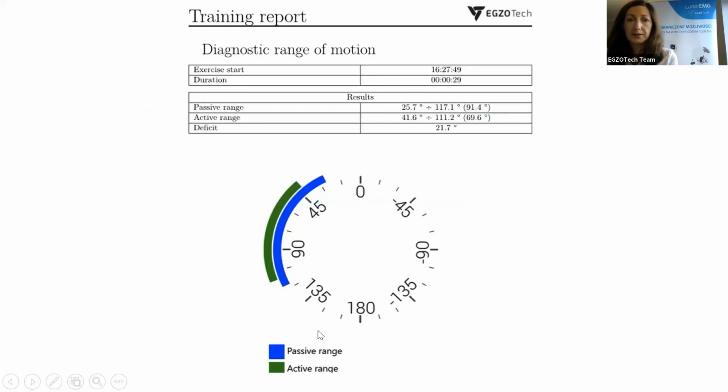The passive range, the active range, and what is the deficit. Very interesting, very useful also for patient assessment and for research. What is also important is that all the data collected by Luna EMG can be exported to a database as a CSV file.